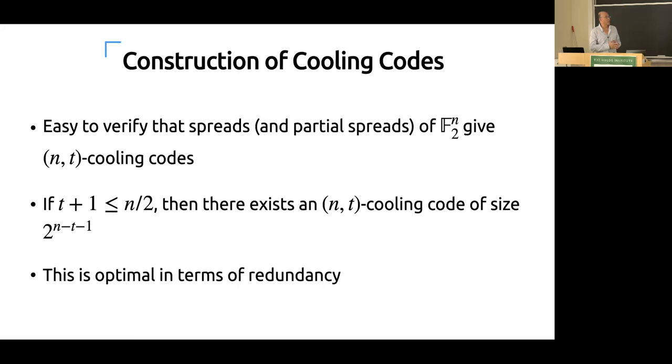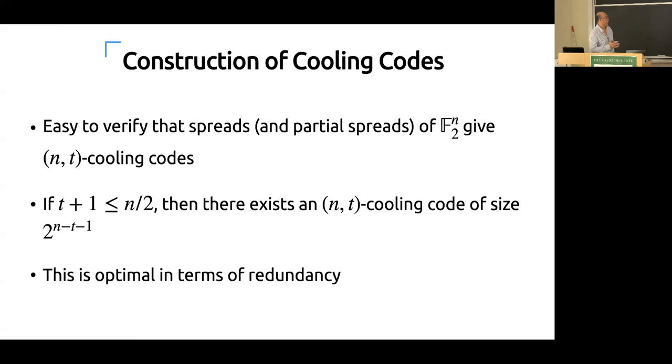It's not quite pairwise disjoint, because every one of these subspaces contains the zero vector. But if you remove the zero vector, then they become pairwise disjoint, and you can take each of these classes as a code set. It's quite easy to verify with linear algebra that this is in fact a cooling code.